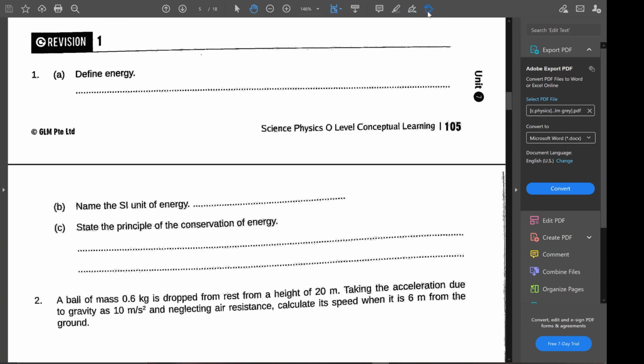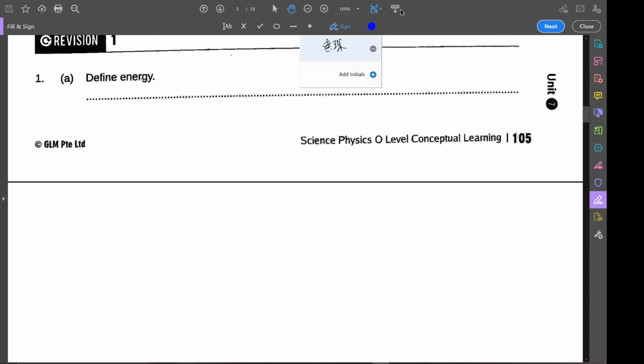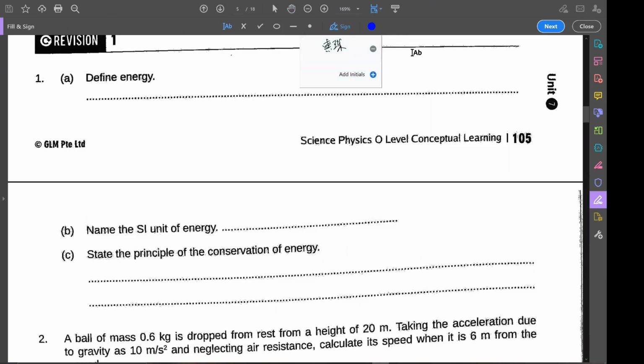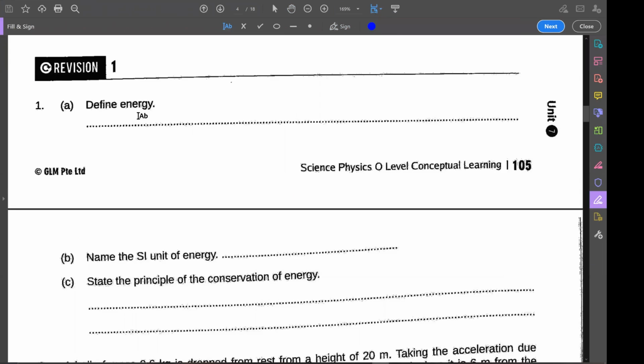Energy is defined as the ability to do work. Okay, that's my annotated thing.